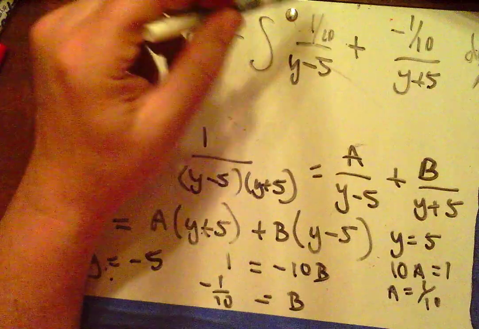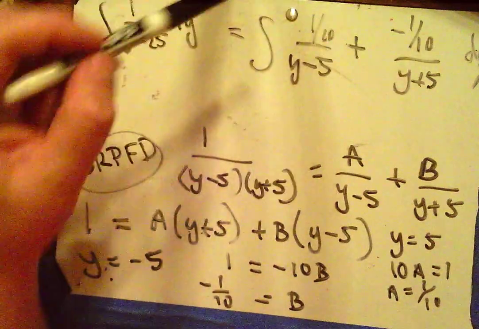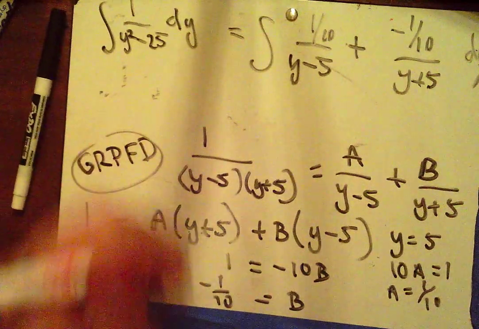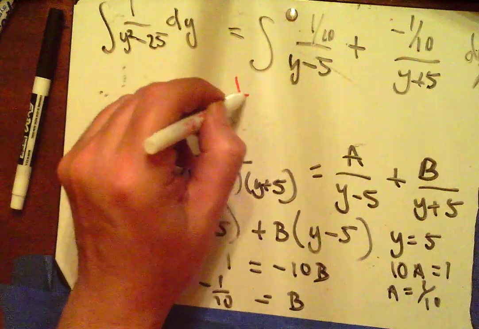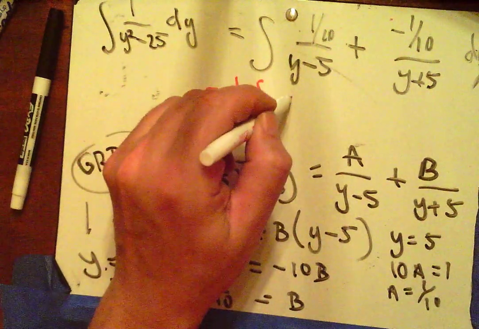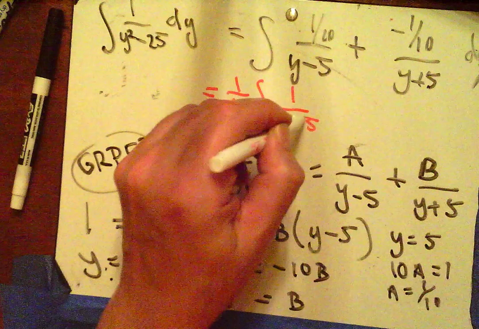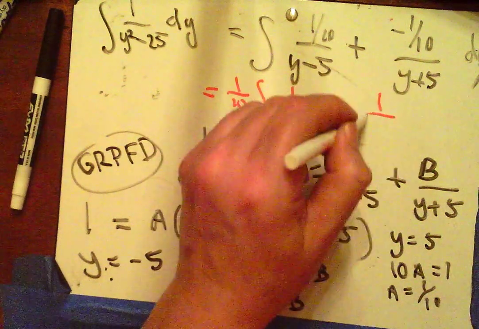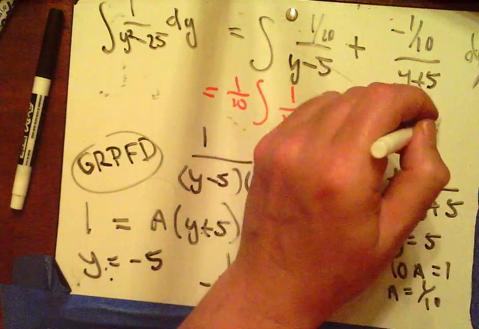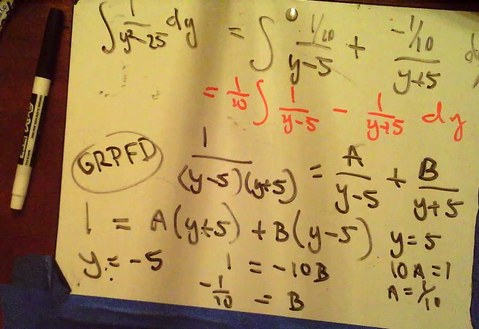Well, the first thing I want to do is pull out these fractions because they're constants. So I'm going to pull out a 1/10, and I'm going to have 1 over y minus 5 minus 1 over y plus 5. And I've got a dy here.